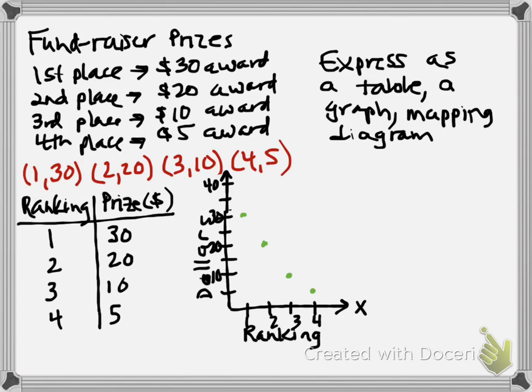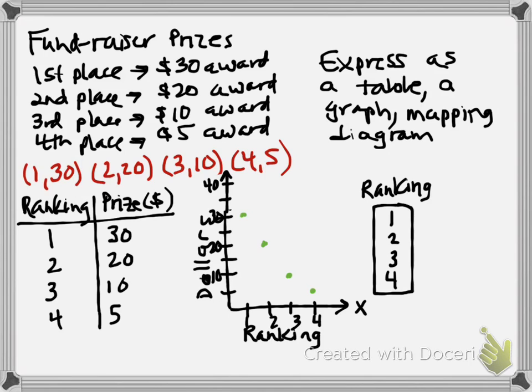So then the last one says mapping. Mapping looks like the table, except we're going to separate things. So with the mapping, we have ranking, and under ranking, we have a box that contains my ranks.